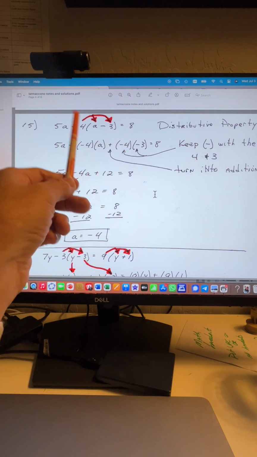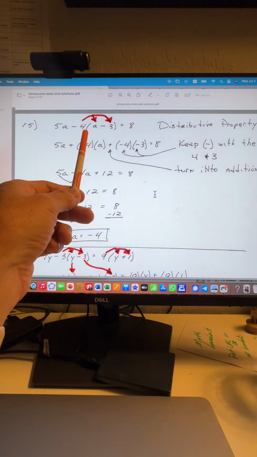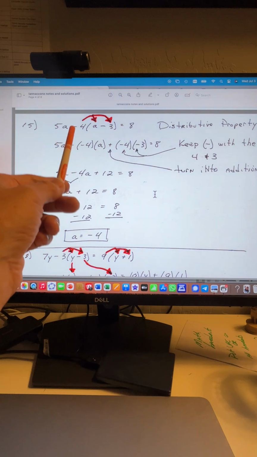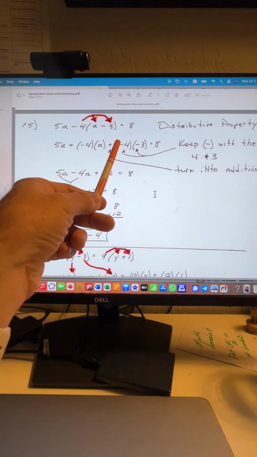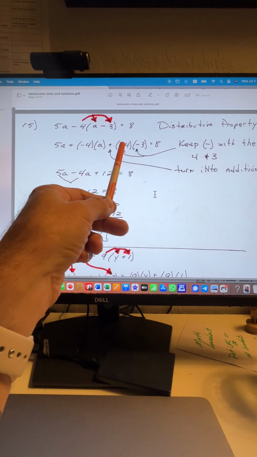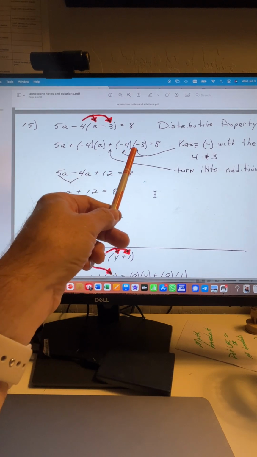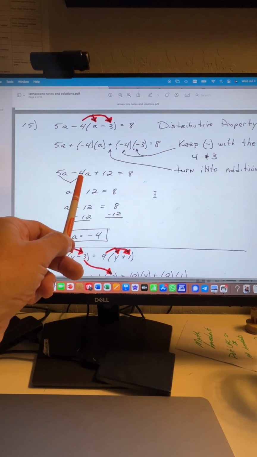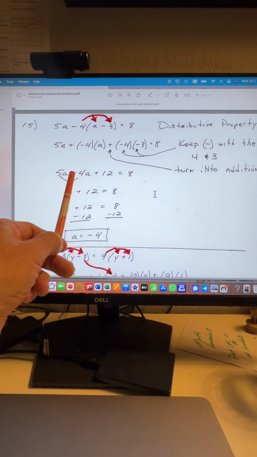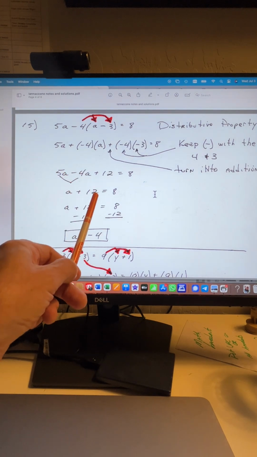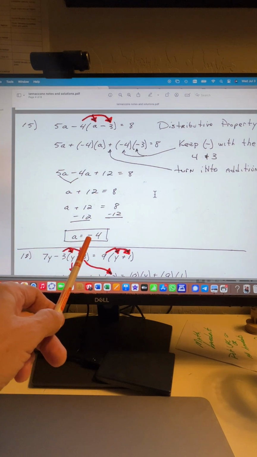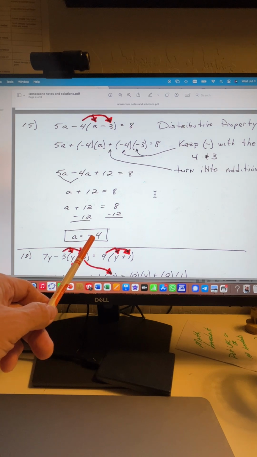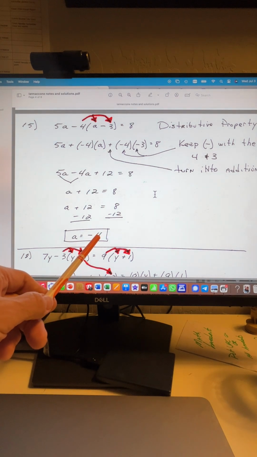Now you will see a problem exactly like this on all your tests because they're trying to trick you. It's an easy problem to forget that negative sign there, and then you're multiplying to get the +12, the -4a. Look at, we're combining like terms, subtracting the 12, and there it is.